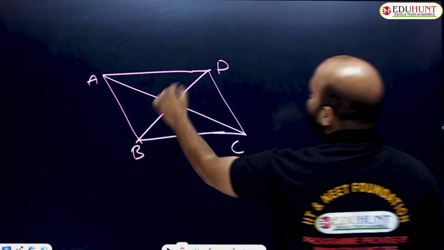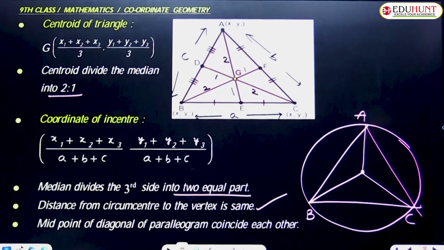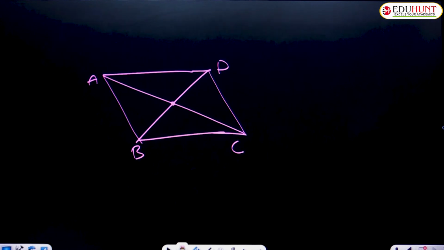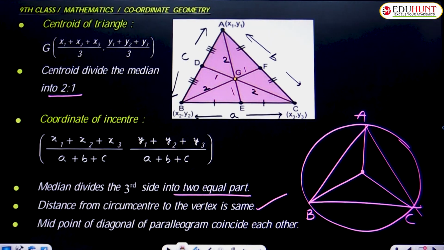Let me take ABCD as a parallelogram. So the last point is that the midpoints of the diagonals of a parallelogram coincide with each other. That is a very important thought. Am I clear? So these are the basic methods of coordinate geometry.